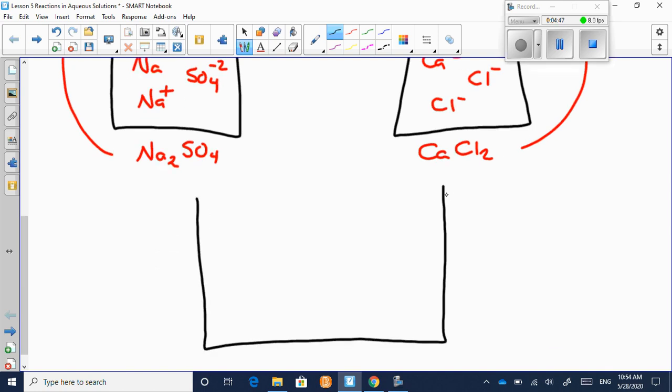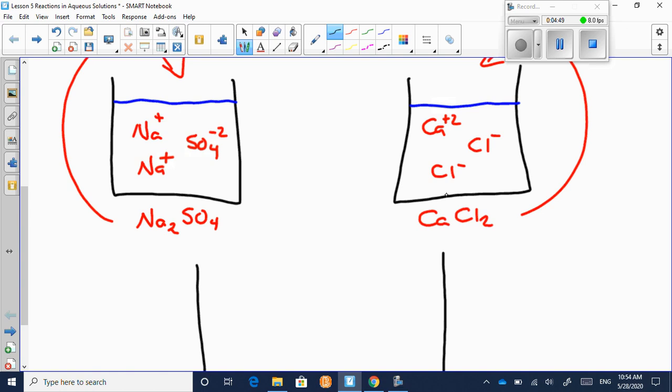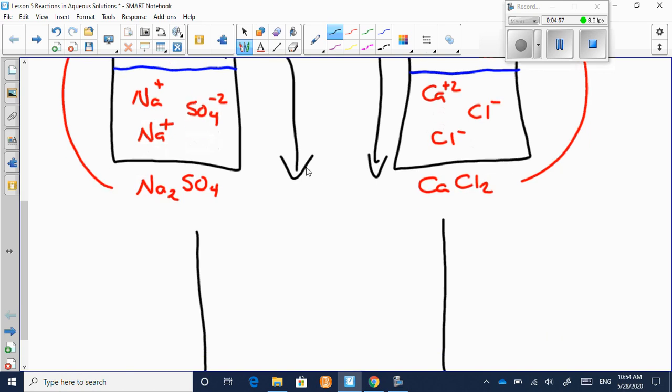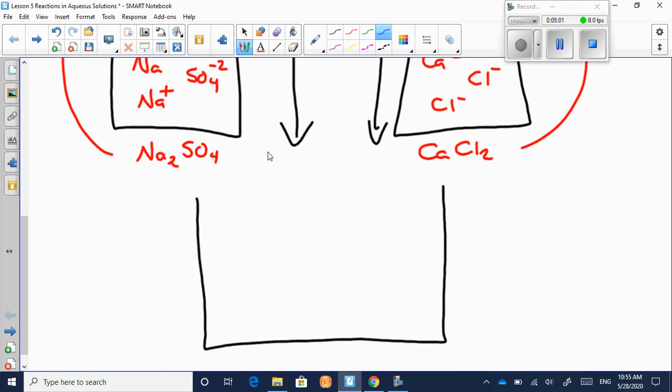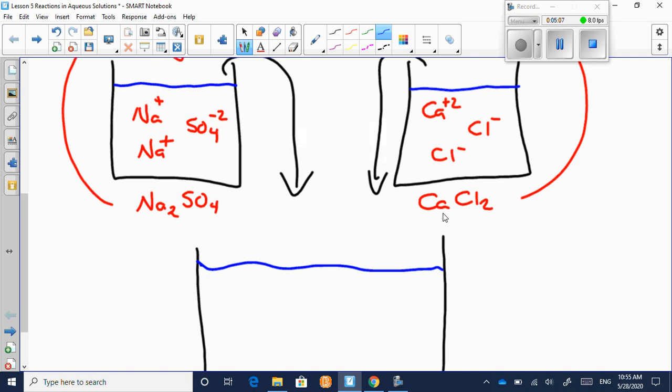Here they are, and I'm going to tip them and pour them in. So the question in front of you now, as a chemist, is: will there be a reaction?